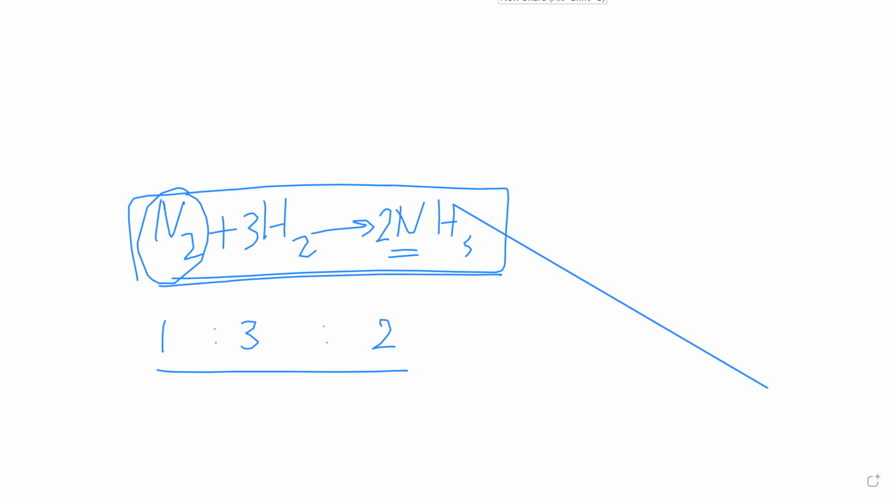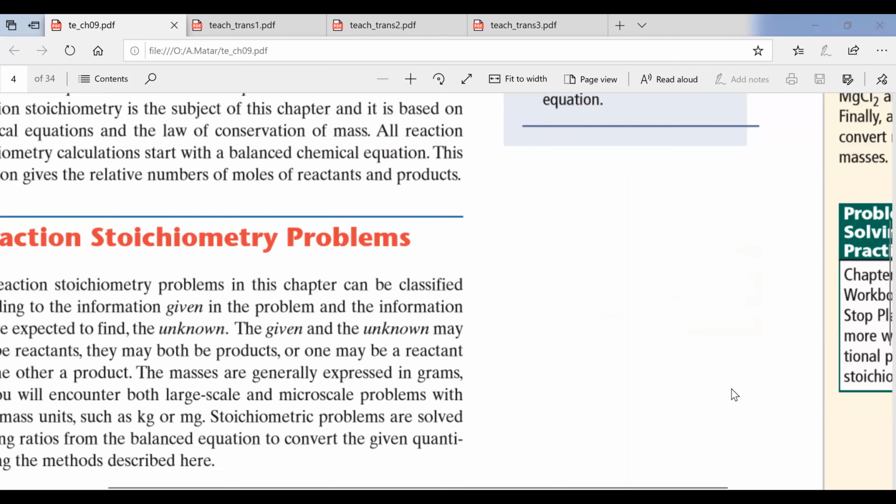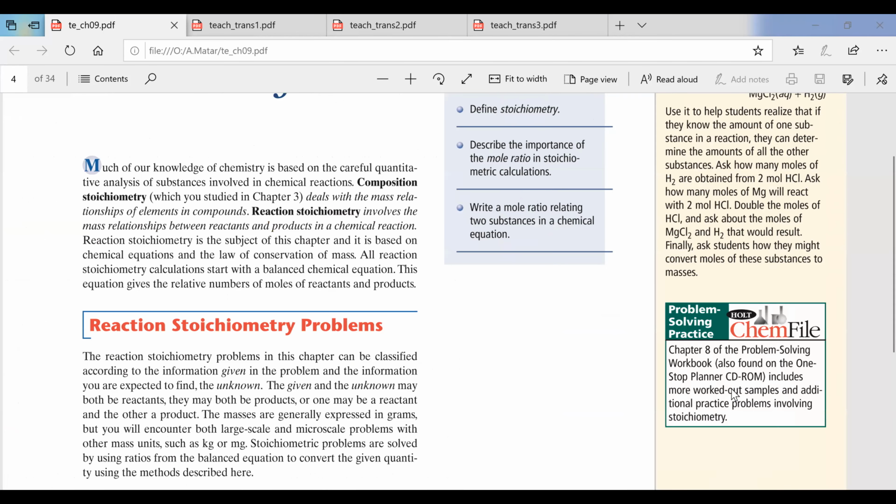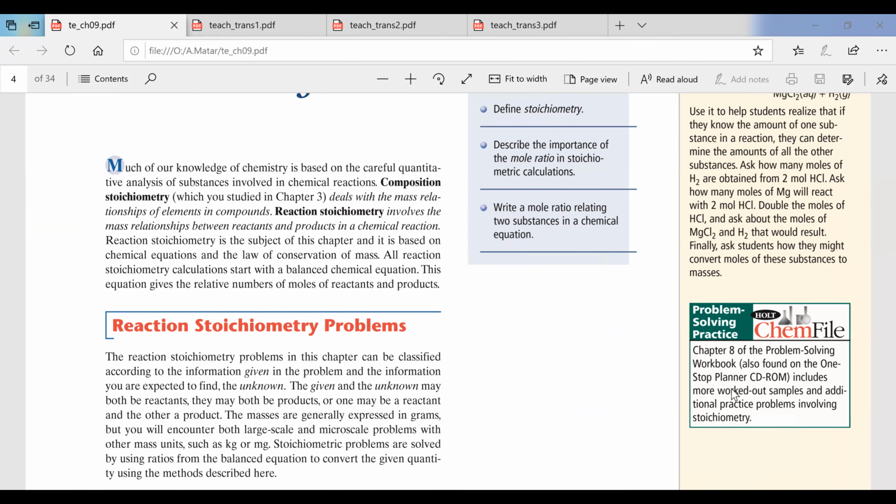So let's go back to the point, guys. We are going to find that we have 2 types of stoichiometry: composition stoichiometry and reaction stoichiometry. Composition stoichiometry, which we studied in chapter 3, represents the amounts or relative masses between different elements in the same compound.